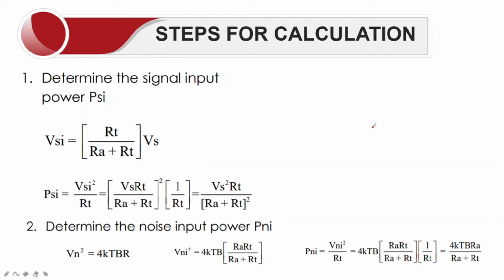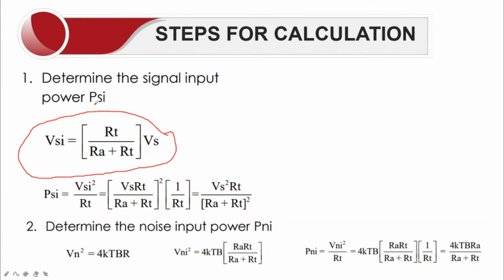So, mahalaga tong formula na to. VSI is equal to quantity RT over RA plus RT quantity VS. So, para makuha natin yung PSI, again, yung first step is to determine the PSI.